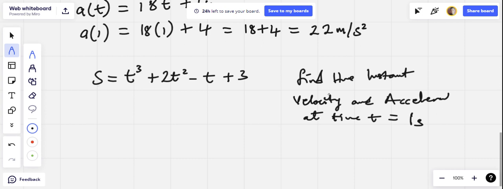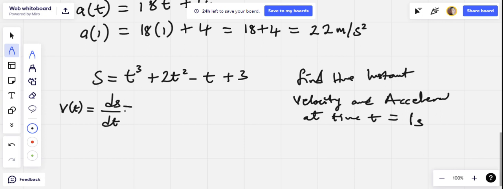So we have to find what? Instantaneous velocity and acceleration. Starting with velocity, instantaneous velocity will be equal to ds/dt. So we differentiate this expression with respect to t to get velocity.